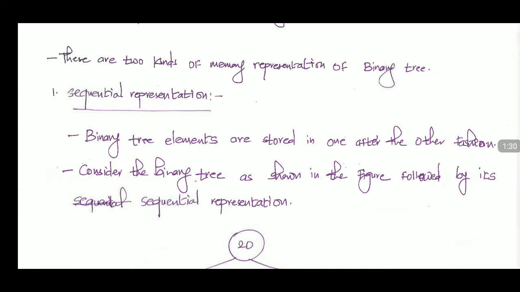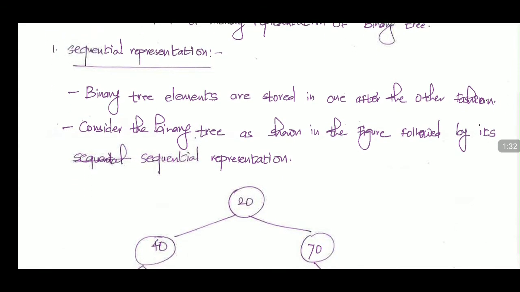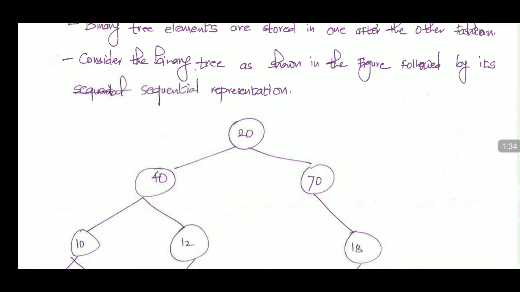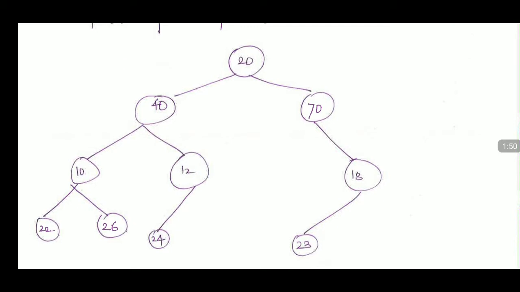Consider the binary tree shown in the figure, followed by its sequential representation. It's a binary tree in which 20 is at the root, 40 is the left subtree root, and 70 is the right subtree root. Similarly, this is the complete binary tree.